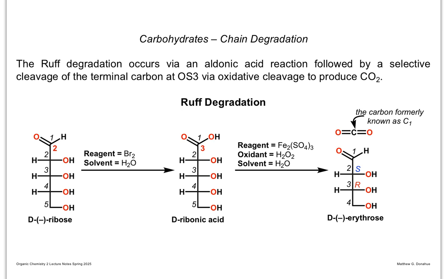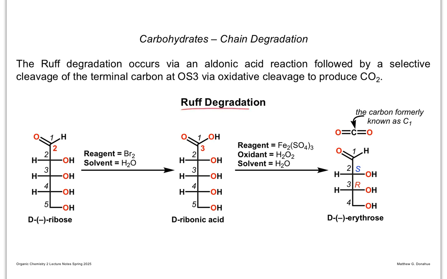So say you don't like adding things, you like taking away things, you're a capitalist. So the next reaction is called the Ruff degradation. Strategically, it works kind of the same way in that you're only operating at the top of the chain.